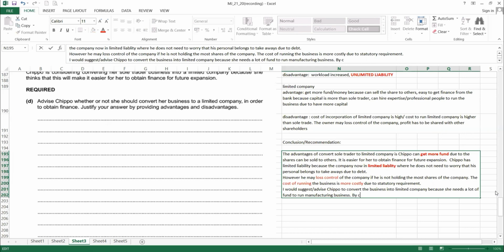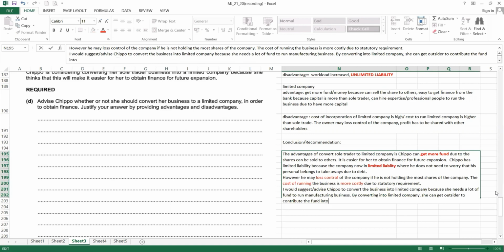By converting into limited company, she can get outsiders to contribute the fund into the business.